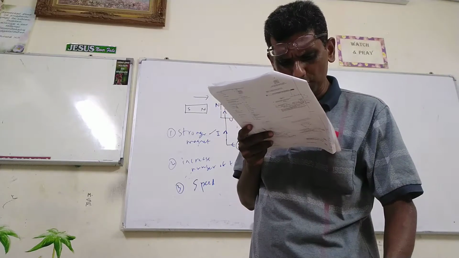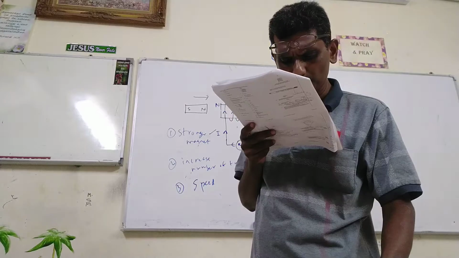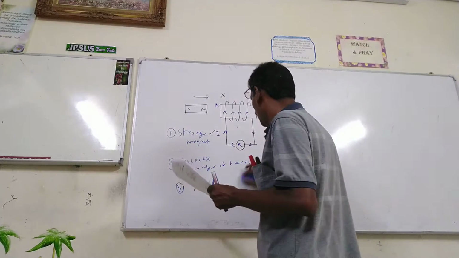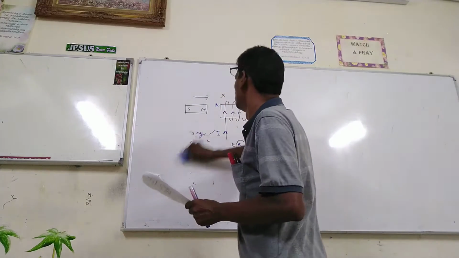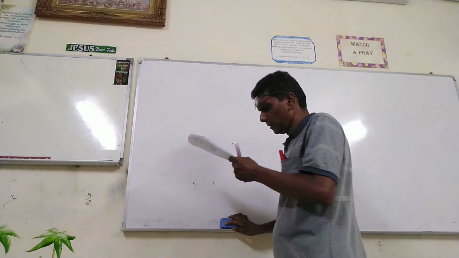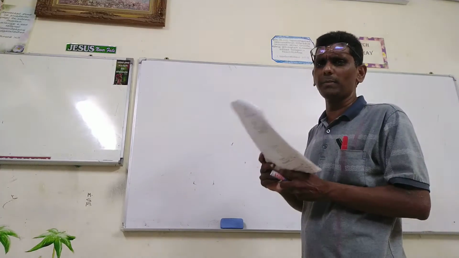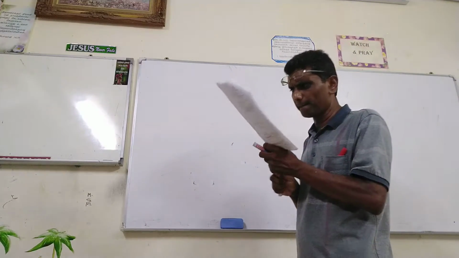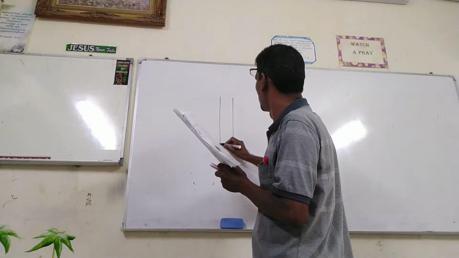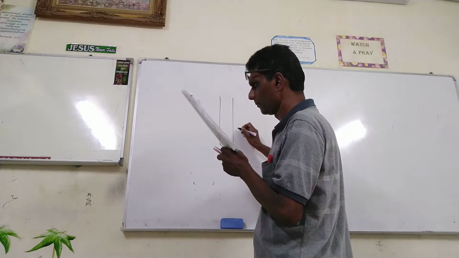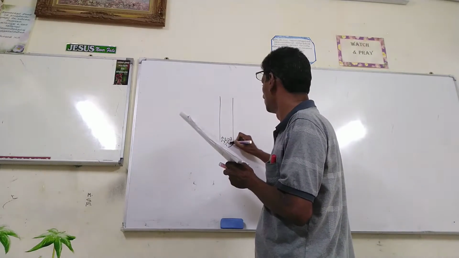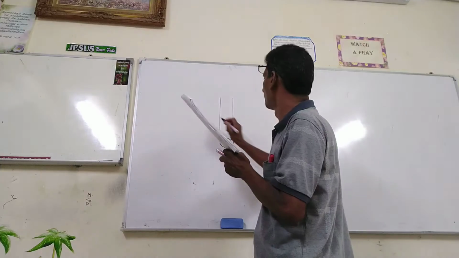Question B. Mark the 2 forces acting on the glass tube. Mark the 2 forces. This one is another interesting question. You need my help to do the questions. Okay, like this. Lead shots.